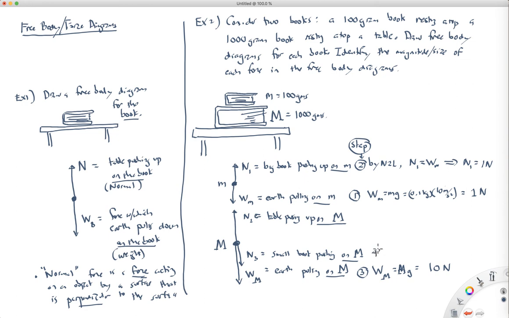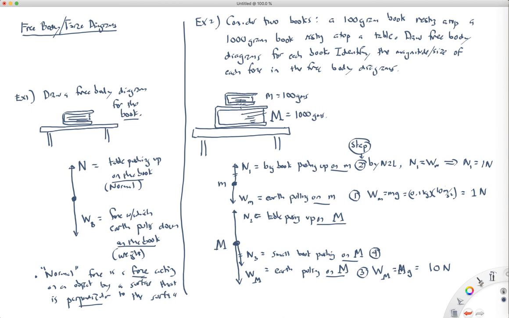This will be step 4. Okay, step 4, we know that N3, that is the force that the small book is pushing down on the big book. That one we can deduce from Newton's third law, because the force with which the big book is pushing up on the little book has to be equal and opposite to the force with which the little book is pushing down on the big book, right? So this pair, N1 and N3, are the equal and opposite forces that Newton is talking about in his third law.